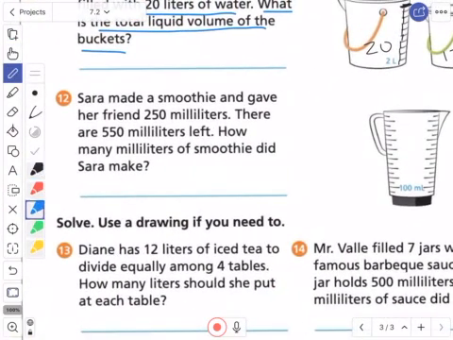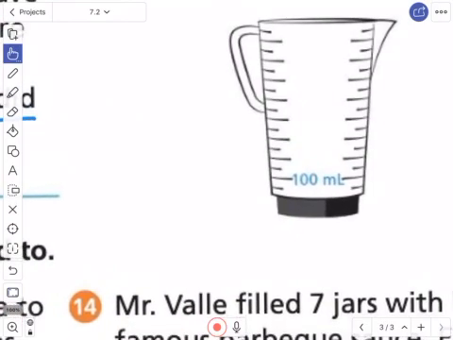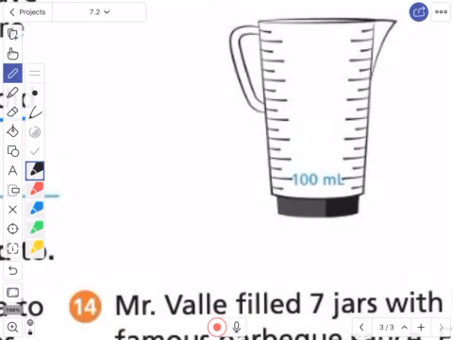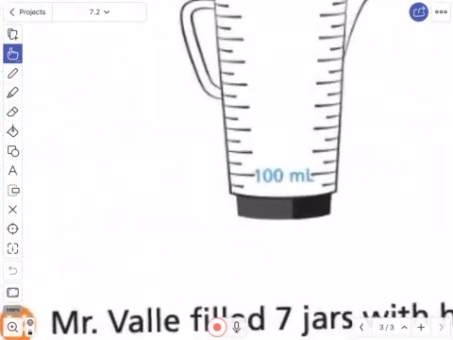Number 12, Sarah made a smoothie and gave her friend 250 milliliters. There are 550 milliliters left. How many milliliters of smoothie did Sarah make? Ooh. So, these big lines right here are the 100 milliliters, and in between are going to be the halves.